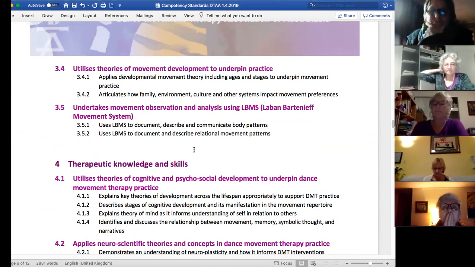But we realized the other night that we could change this 3.1 and broaden the idea of movement frameworks so that other ones could sit under there, but they will not be named because that will be training program specific. Is that all right?